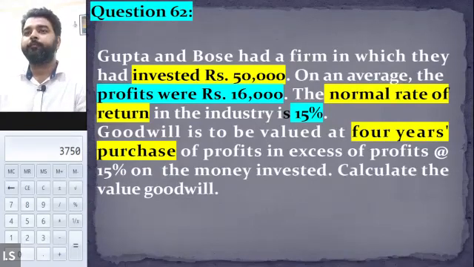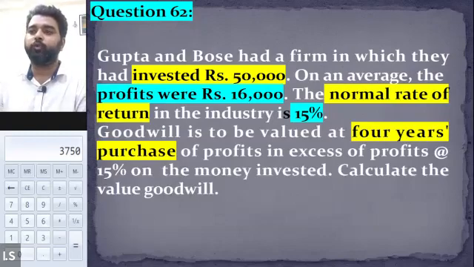We need to calculate goodwill considering the number of years purchase is 4, of profit in excess of profit at the rate of 15% on the money invested.